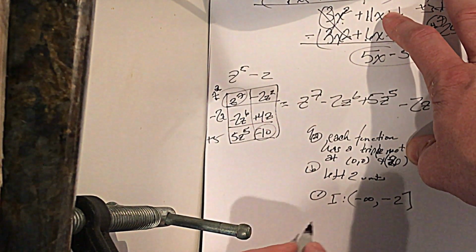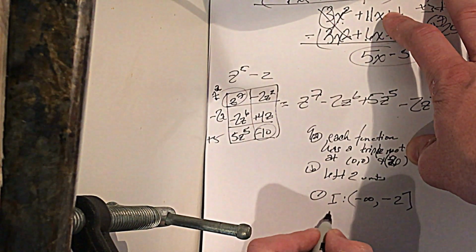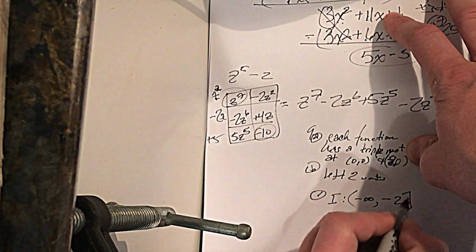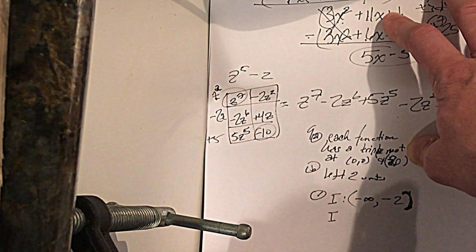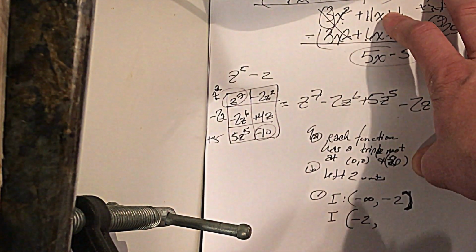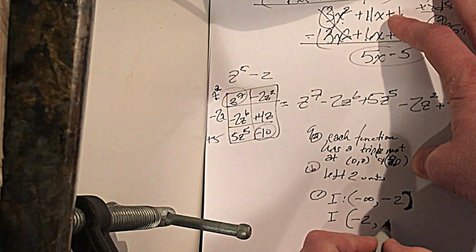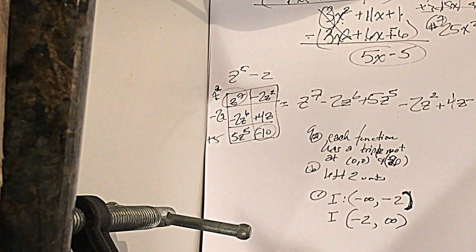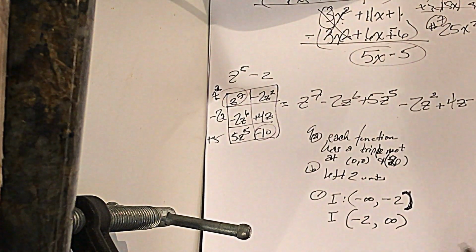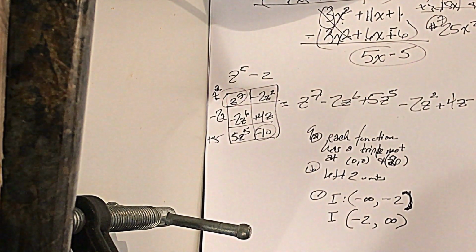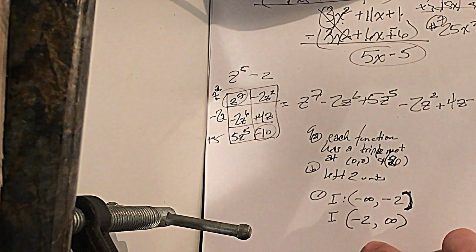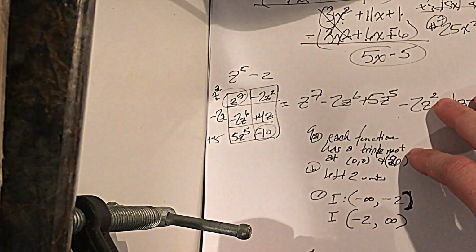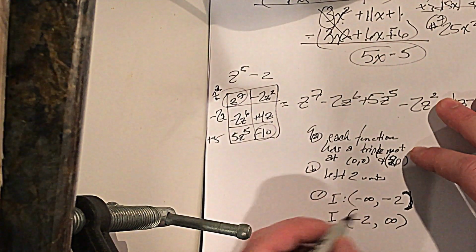And then from negative 2, it'll start increasing again, all the way to positive infinity. So we can say something constant at 0.